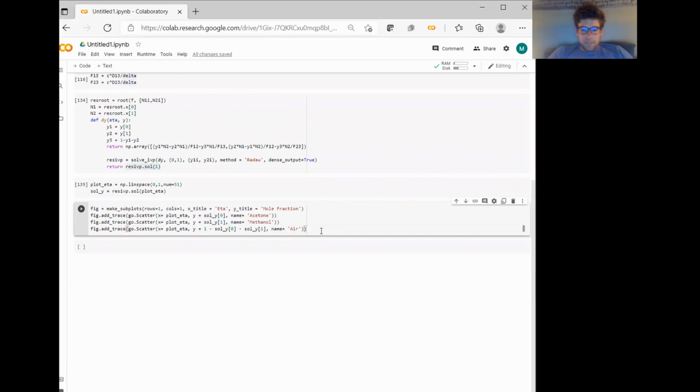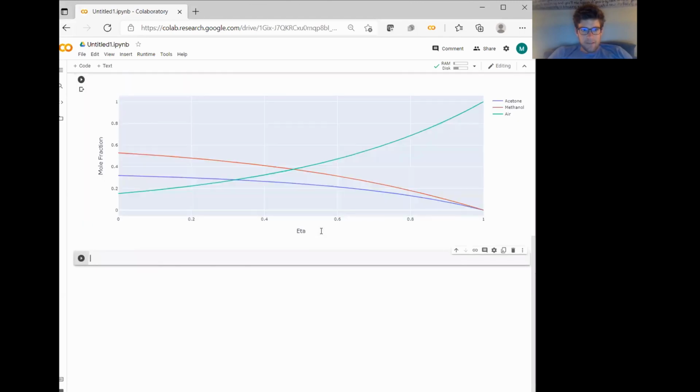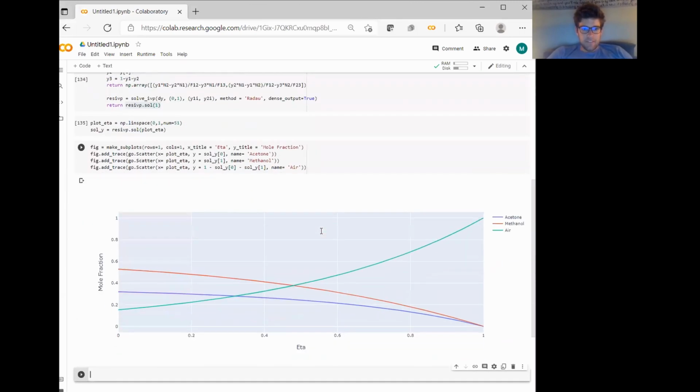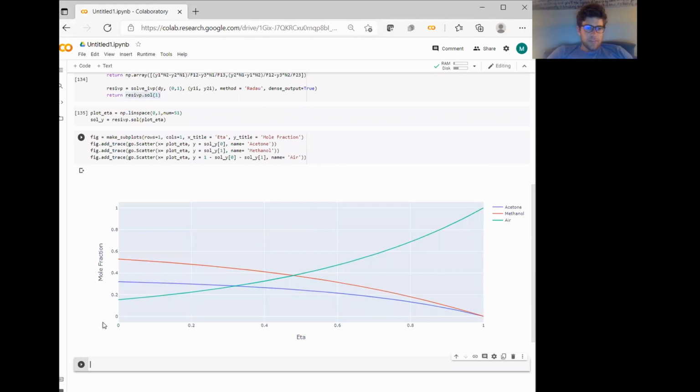Let's see what happens when we shift enter. There you go. We get this beautiful graph with mole fractions on the y-axis and eta on the x-axis. So it's going from eta 0 to 1.